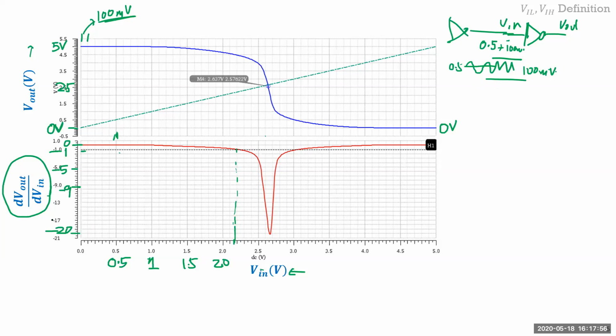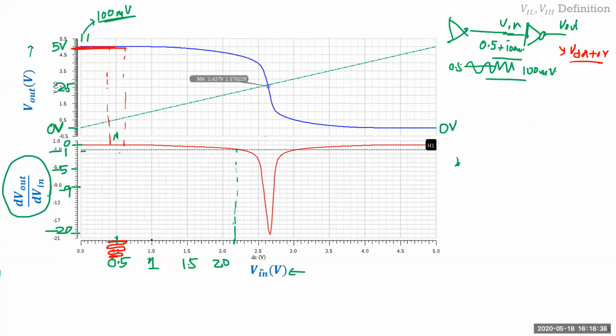So you're changing this input by 100 millivolts. While you're changing this input, if I look at what the output is doing, the output is absolutely constant. It's just sitting at VDD, plus 0 volts. You add a small amount of noise, and there's no change at all.